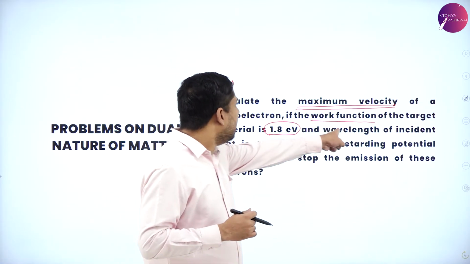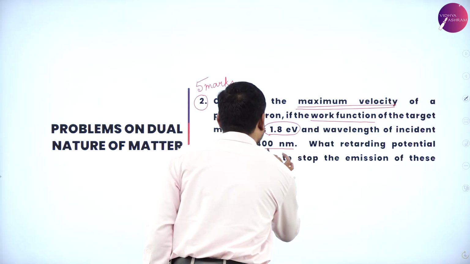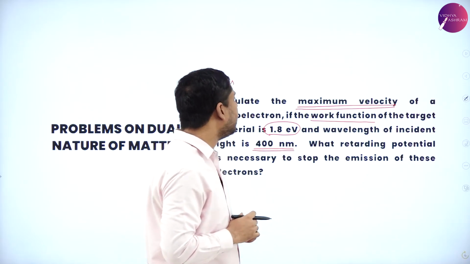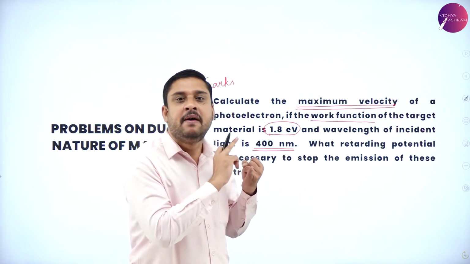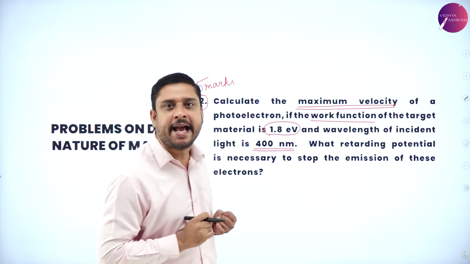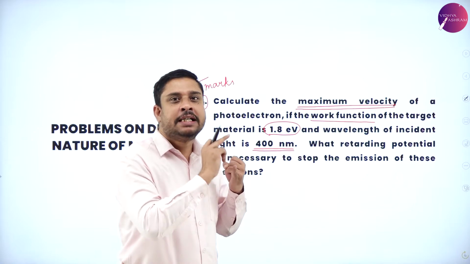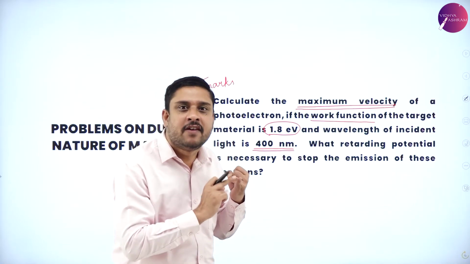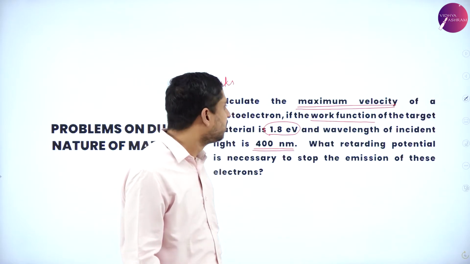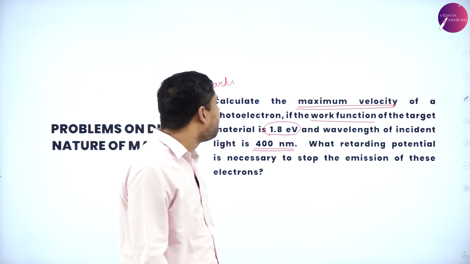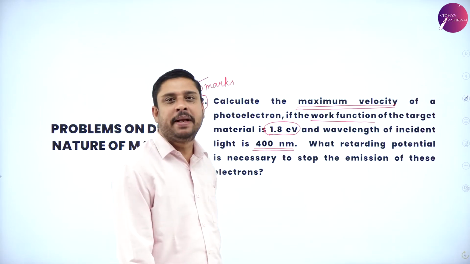And wavelength of incident light is 400 nanometer. Maximum velocity is asked. Work function of the metal is given to be 1.8 electron volt and wavelength of incident light is 400 nanometer.